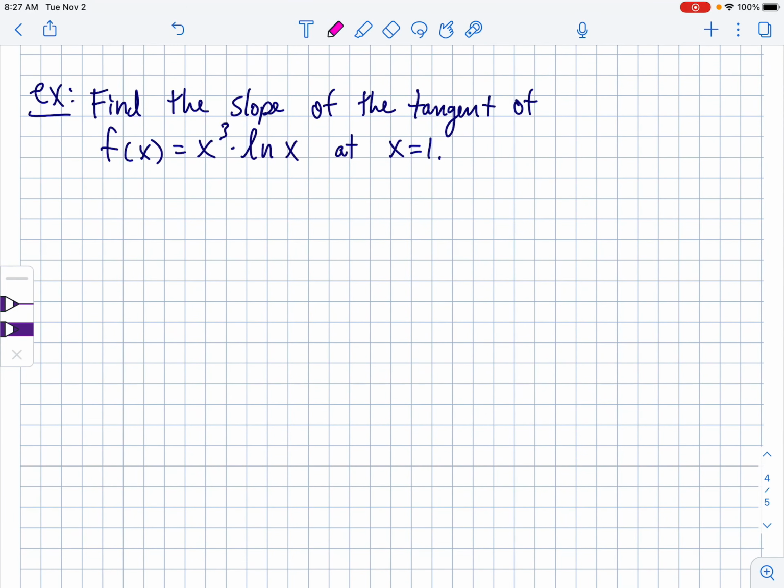Last problem, find the slope of the tangent of that at x equals 1. You guys, when I look at this, I see a product rule. So product rule is first d second plus second d first.